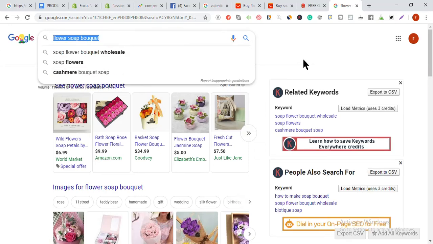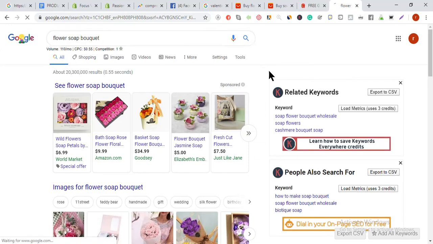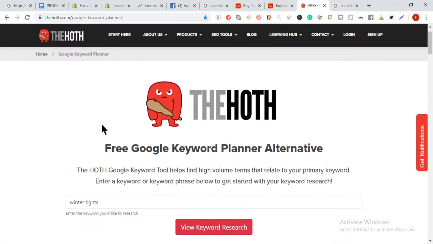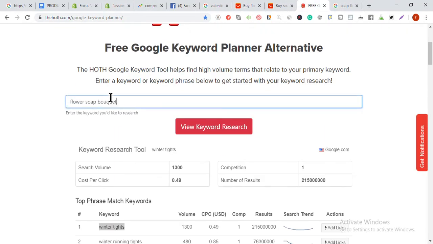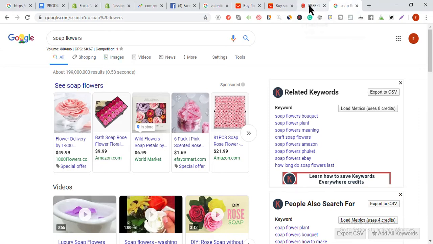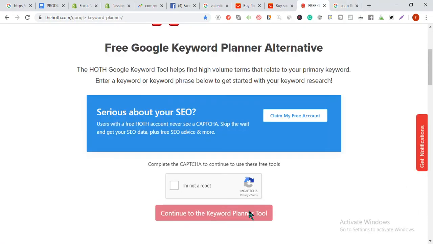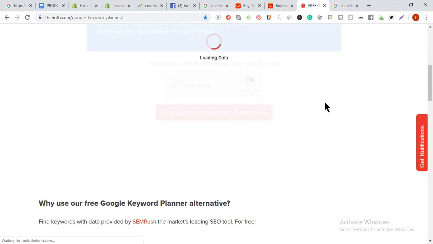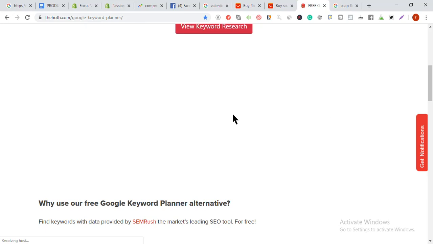It's really low. Soap flowers. Let's check it out here. 880. It's because it's too specific, maybe. That could be the reason why, right? Let's just play with this for now.